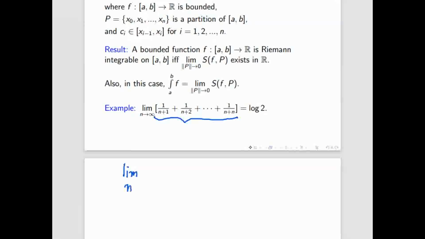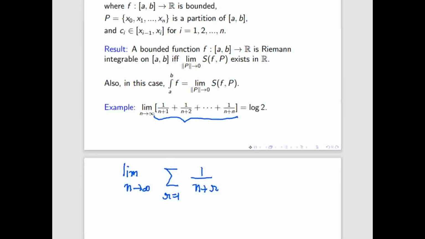So this is the limit as n tends to infinity of the summation of 1 upon n plus r, where r is running from 1 to n. This is changed into an integration sign.